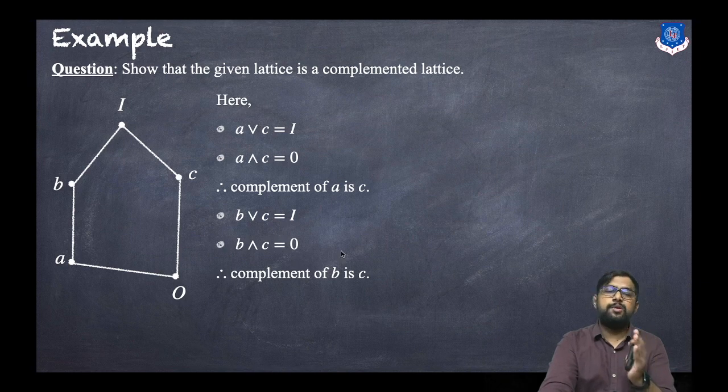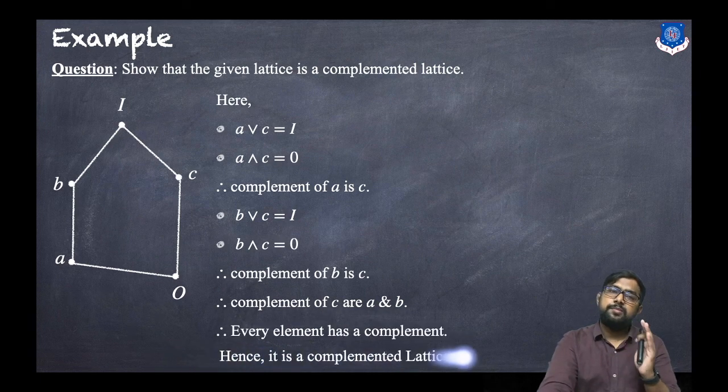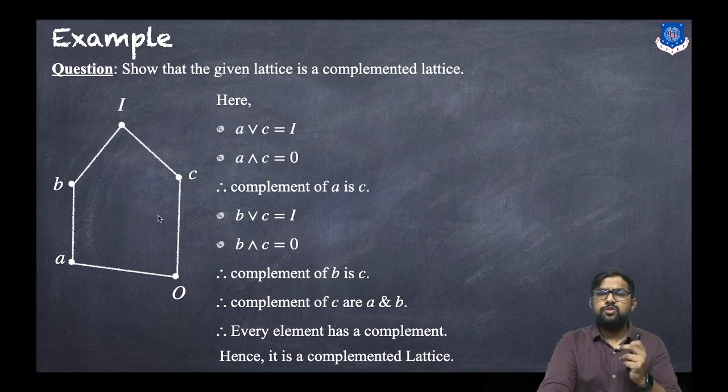That means the complement of B is C and the complement of A is C. Therefore the complements of C are A and B. That is correct, and that means every element has a complement. C's complements are A and B, A and B's complement is C, and I's complement is O. So every element has a complement, hence it is a complemented lattice.